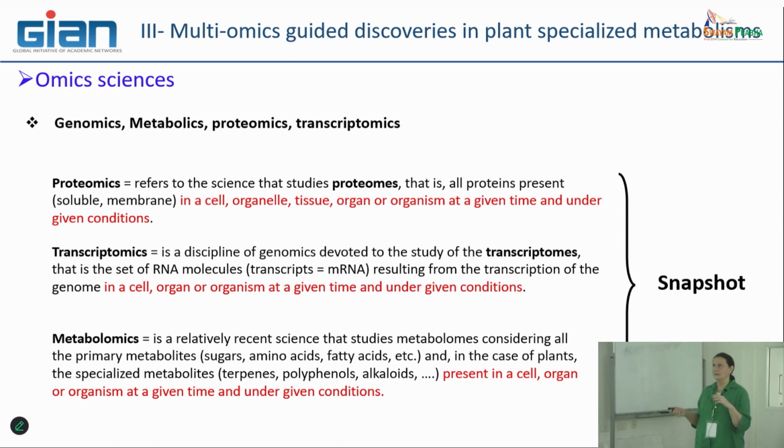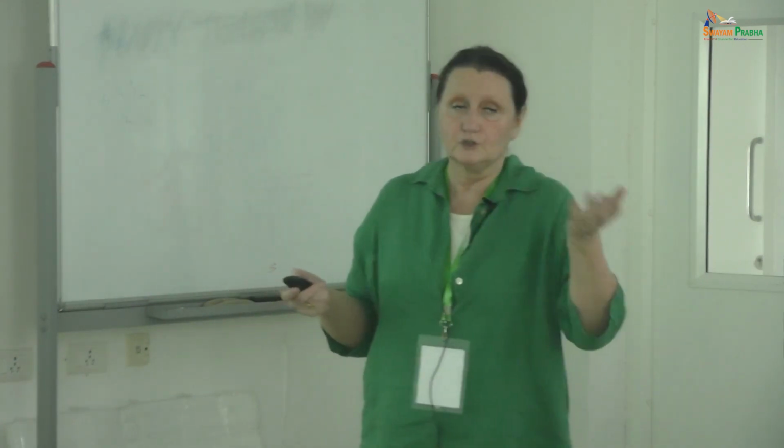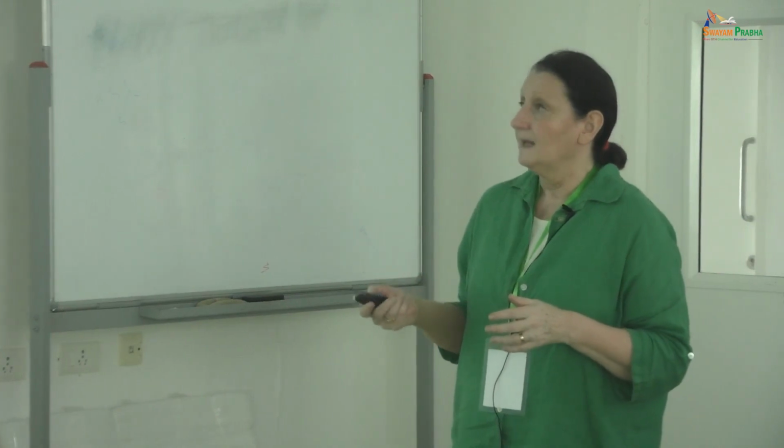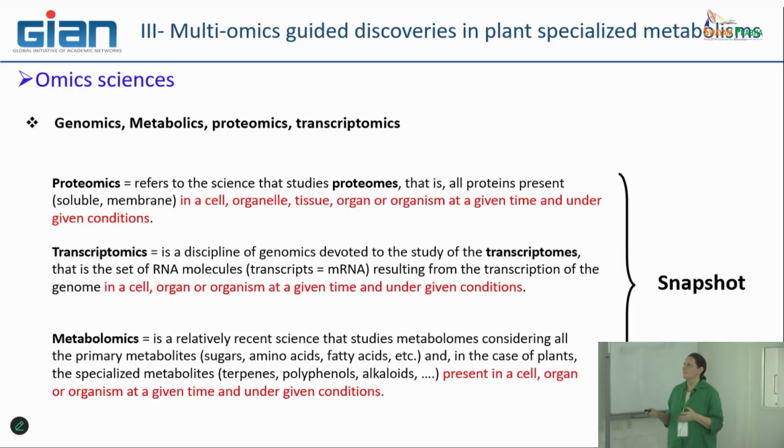So it's like a snapshot of one particular moment. It's not complete, not like genomic science, which is completely independent of the specific condition of your raw material, the plant in this case. And it is exactly the same for transcriptomics and metabolomics.